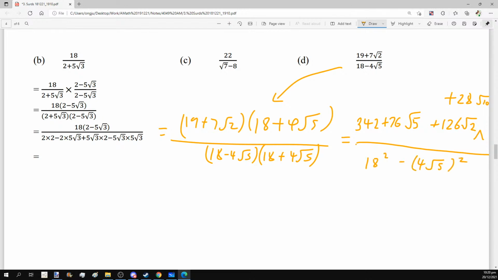Right, so we should get the following result, and then from here we can go on to say that the numerator itself actually turns into something very nice, because the square root gets cancelled away. You're going to get 342 plus 76 root 5 plus 126 root 2 plus 28 root 10 divided by 244, like so.